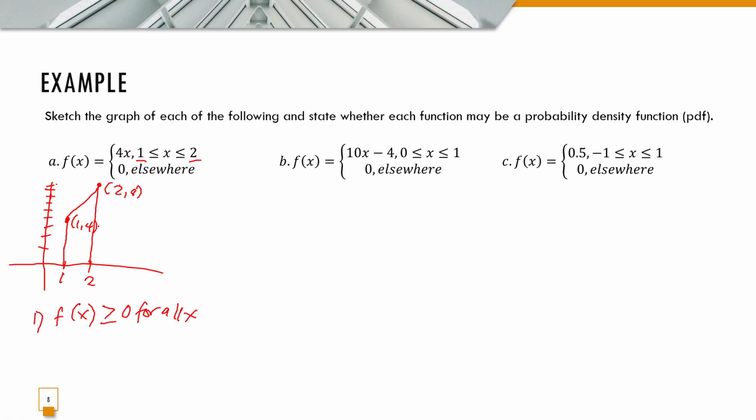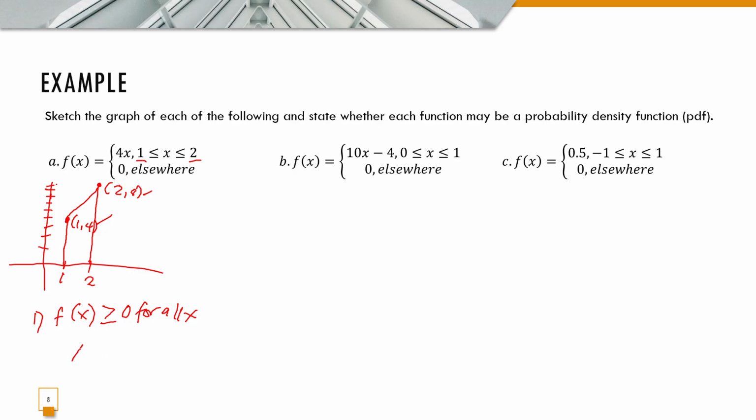That's okay, because when you substitute the values for x, all results are greater than 4 and 8. And the second property is that the area should be equal to 1.